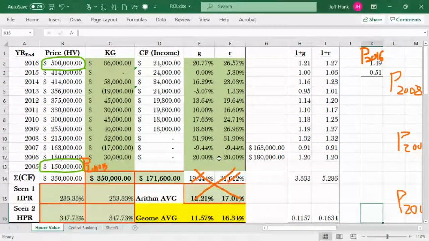It was an example of how to annualize the holding period return. That was the purpose of this example.